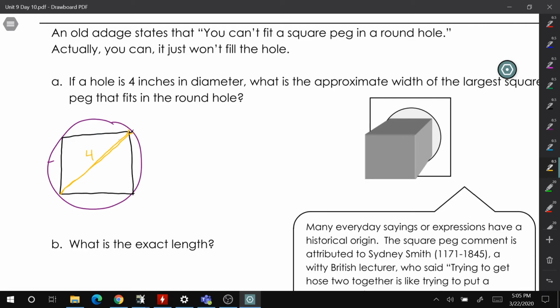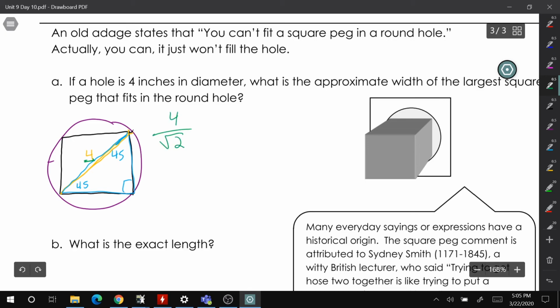You may remember from our special right triangles that if you cut a square in half on the diagonal, we have a 45, 45, 90 triangle. In a 45, 45, 90 triangle, the hypotenuse is the leg times the square root of 2. So if I take my hypotenuse and divide it by the square root of 2, that will give me the leg.